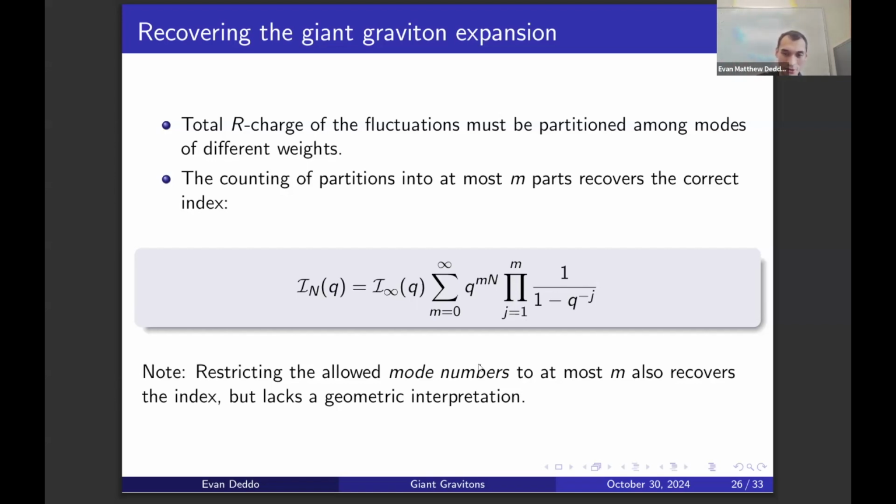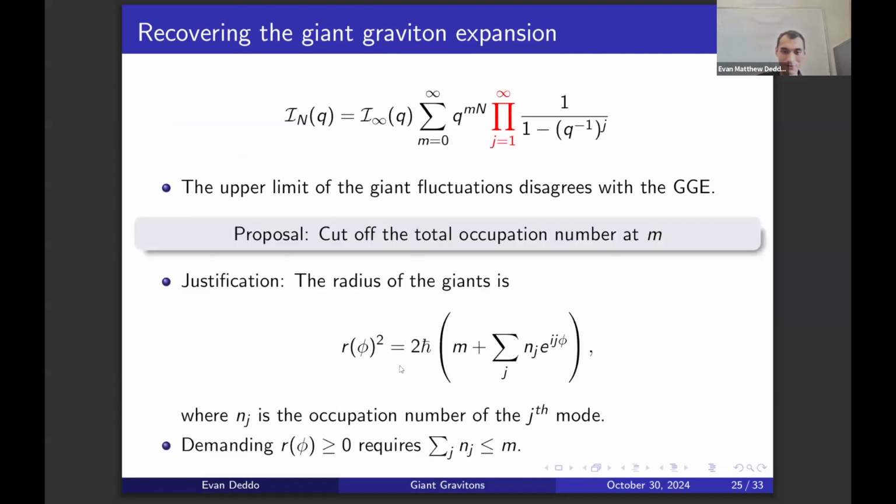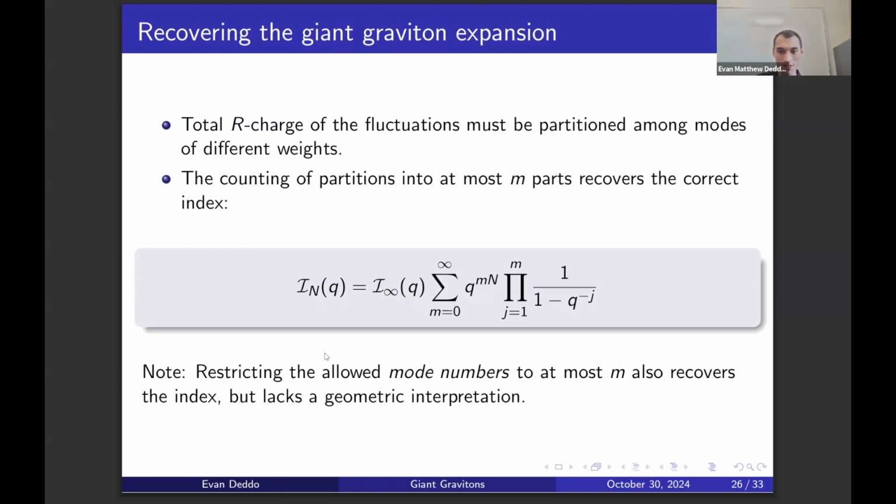That gives the same result, but it lacks a geometric interpretation, whereas this proposal has something more geometric. But it is nice that no matter which way we cut it off, we still get this giant graviton expansion, which hopefully shows some robustness for this proposal.